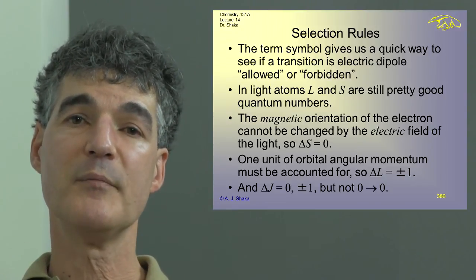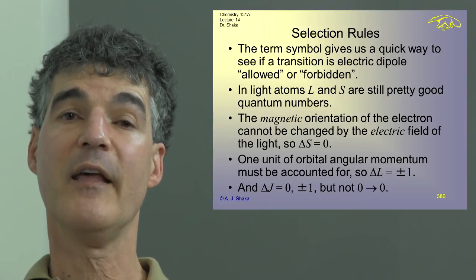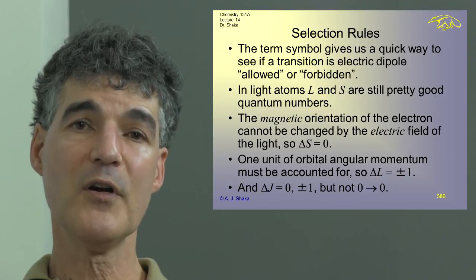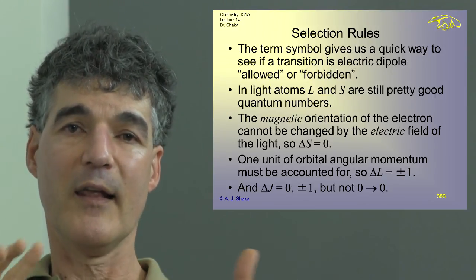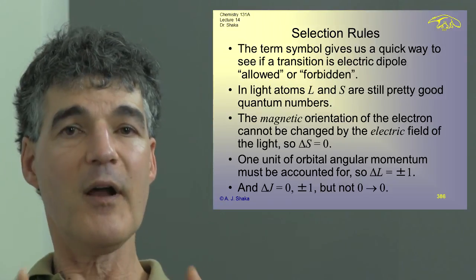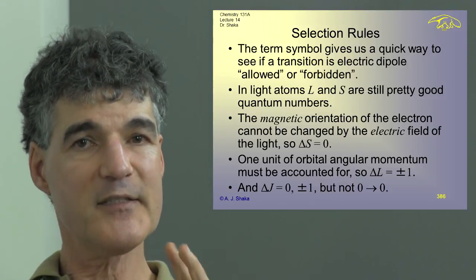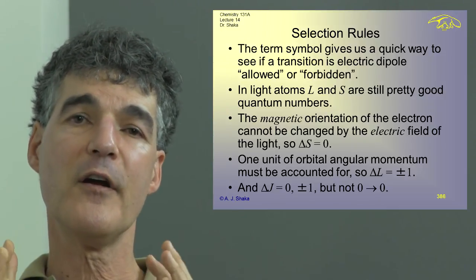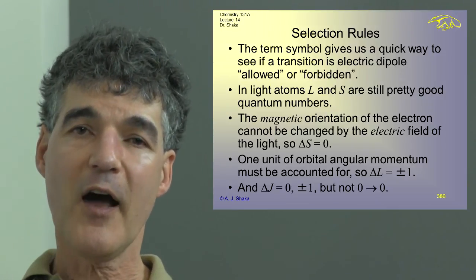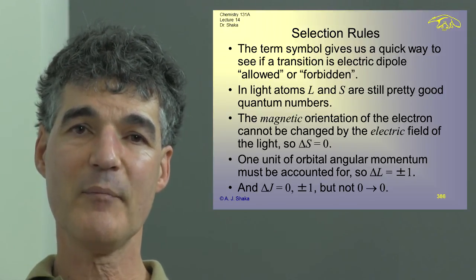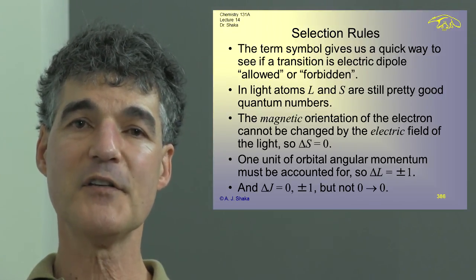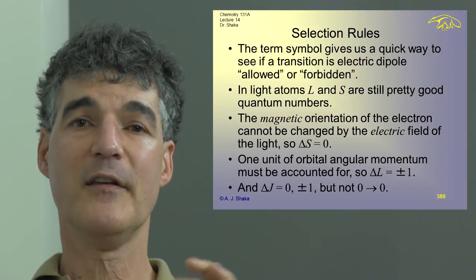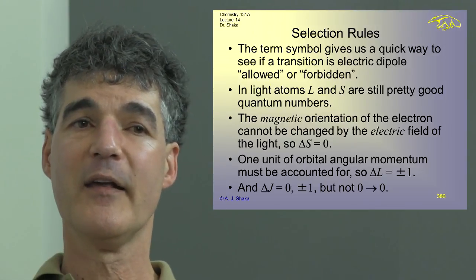But in other atoms, there are other electrons, and they muck things up. And what that means is that L is not quite so good because things are wobbling a little. And there's S in there and these magnetic interactions with more than one particle. And so they're 90% good, but not 100% good anymore, and that means that you can get some forbidden transitions, and if you look closely, you'll see some weak things that you can explain by that.